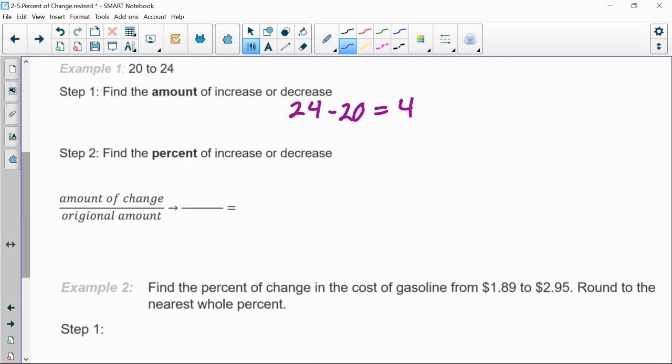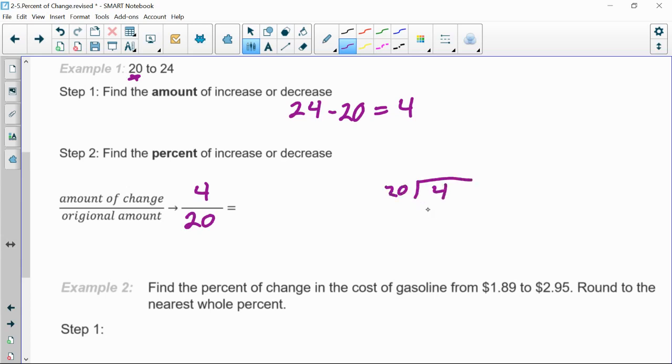So the amount of change over our original amount. 4 is our amount of change, and what was our original amount? We started with 20, so that is my original amount. Then we take our 4 and divide it by 20.